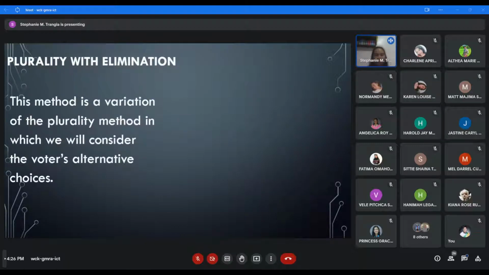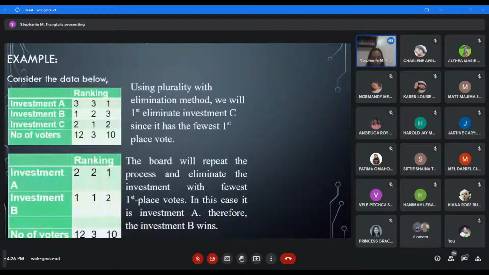So, plurality with elimination. This method is a variation of the plurality method in which we will consider the voters' alternative choices. The term elimination means mag-eliminate ta. Okay? We will have again the same set of example.